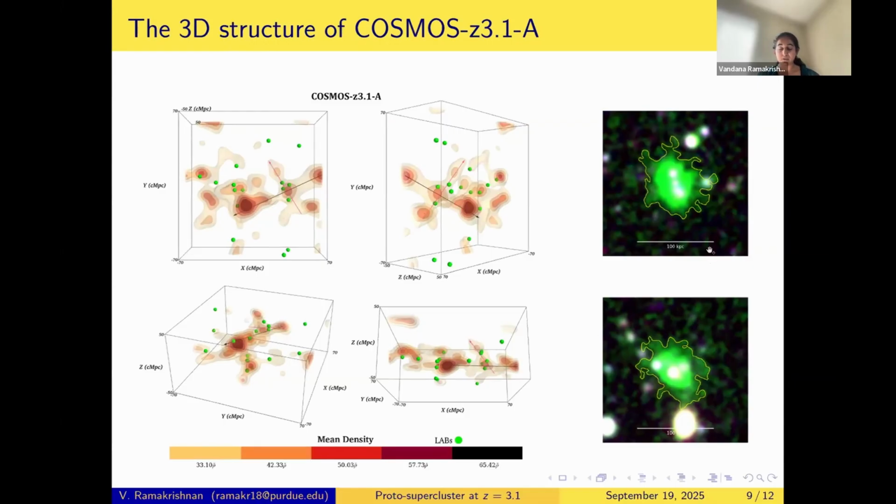You can see to the right a few images of what these LABs look like. These LABs were also detected in the same narrowband imaging, and their typical size is 100 moving kiloparsecs or more, right? So this is much larger than the scale of a single galaxy at high redshift.